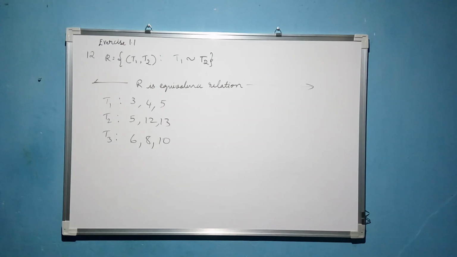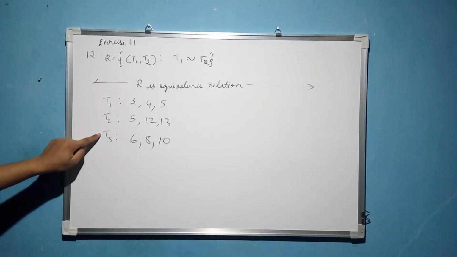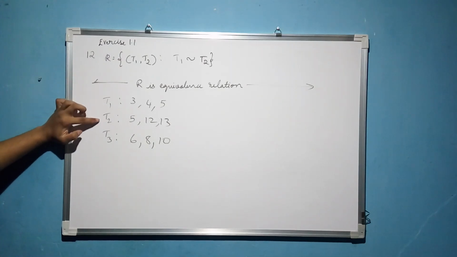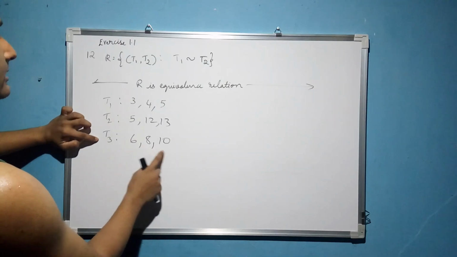The second part of the question is you have to find out which triangles among T1, T2 and T3 are related. Here the sides of T1, T2 and T3 are given in the question. 3, 4, 5 are the sides of T1, T2 is 5, 12, 13, T3 is 6, 8, 12.